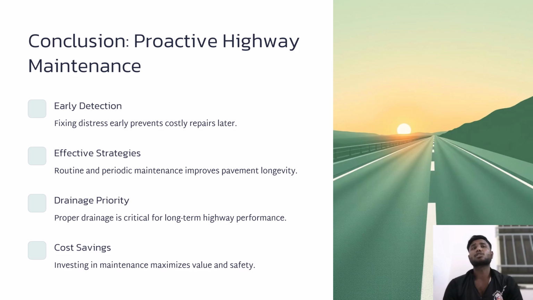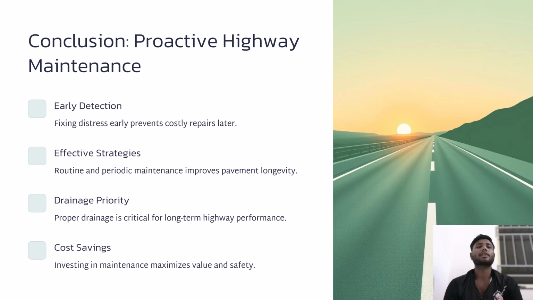If there is a small pothole on the surface of any highway and we maintain it in time, it cannot extend further. When we repair it earlier, it prevents costly repairs afterwards.